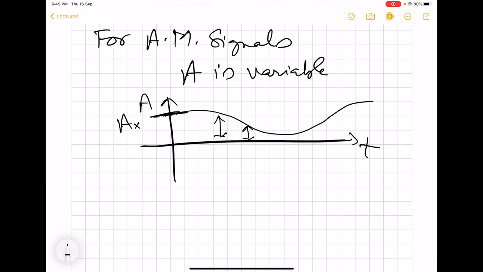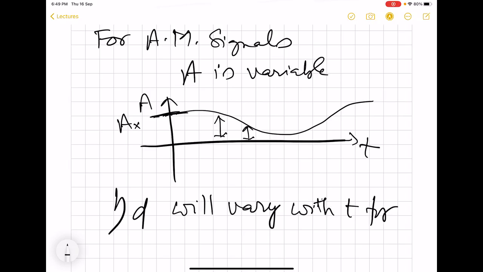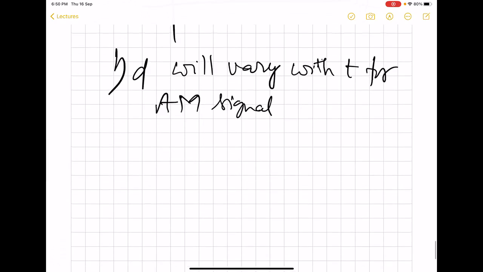So what we will get is that eta D will vary with time for an AM signal. So the average efficiency for an AM signal offered by a class A power amplifier is going to be significantly smaller than the maximum value of 50%. So for an AM signal, this is not going to perform quite well.